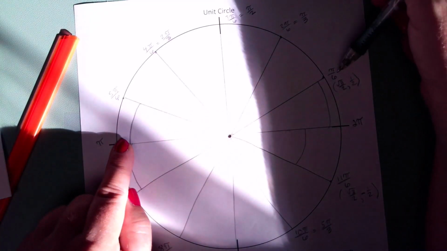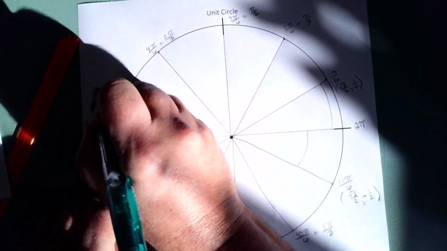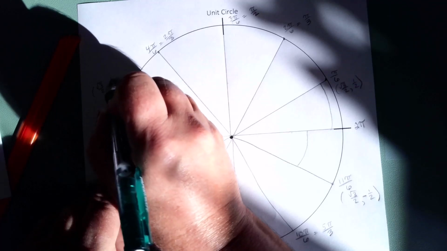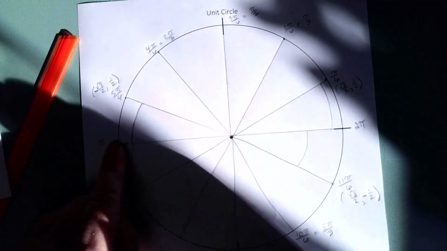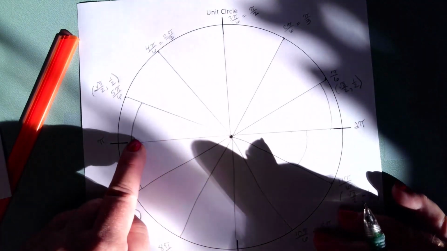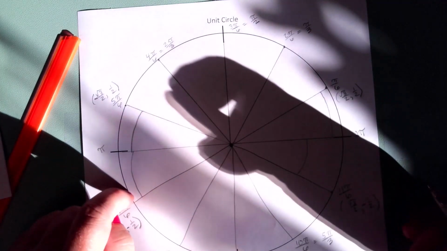So its reference angle is pi over 6. So its coordinate is going to be square root 3 over 2, 1/2, except that the x is negative because we had to go to the left to be able to get to that point.